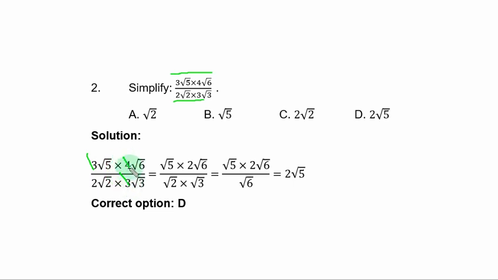If you reduce 4 by 2, 2 is remaining. From here, if you multiply these two together, you have root 6, so that it cancels root 6. Then 2 times root 5 is 2 root 5. D is the correct option.